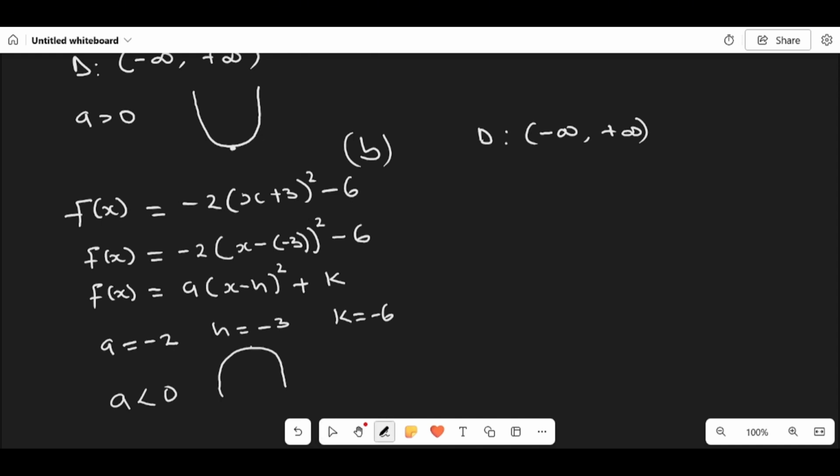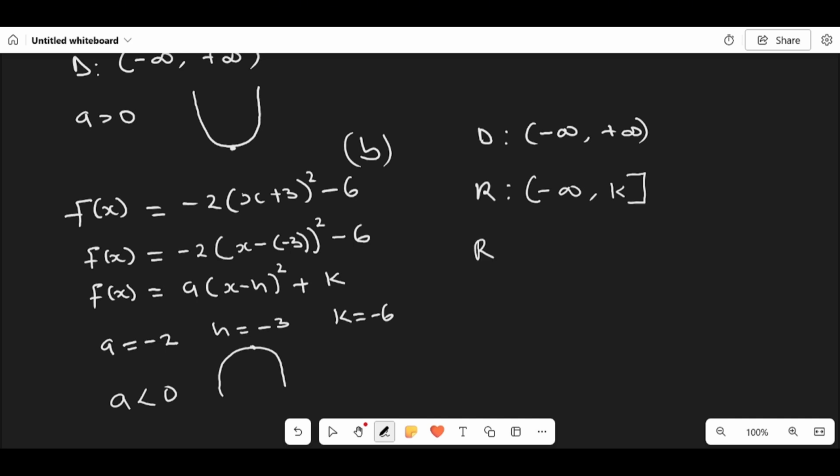So our vertex is at this point. Now, whenever our graph opens downward like this, the range is in this format: R: (-∞, k]. This square bracket means that k is inclusive.